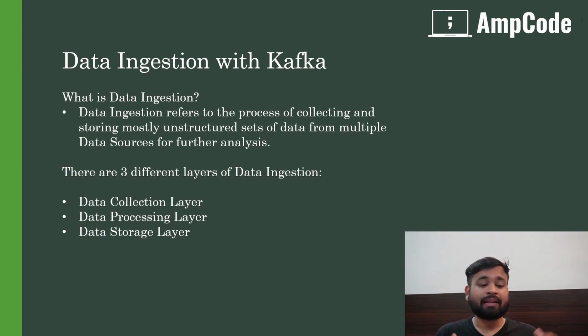After that comes the processing layer, where you ensure the integrity and the quality of the data. Here you are going to transform the data so that it makes sense for further processing, which means making sense out of the data and getting the hidden patterns out of it.